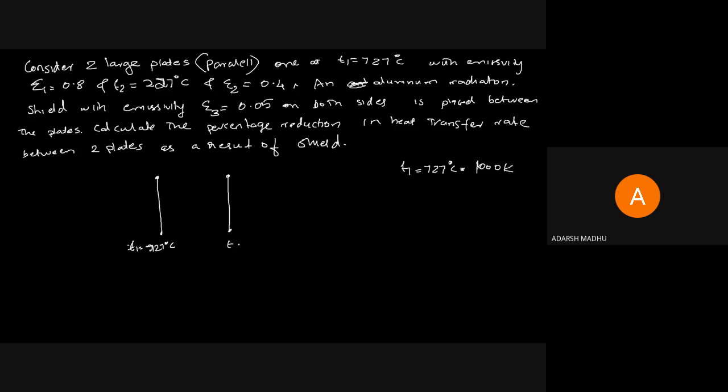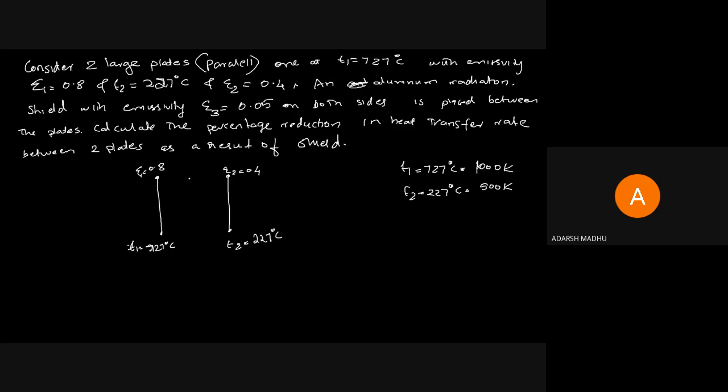And next one, T2 equal to 227 degrees Celsius is equal to 500 Kelvin. So epsilon 1 is 0.8. Epsilon 2 is 0.4.